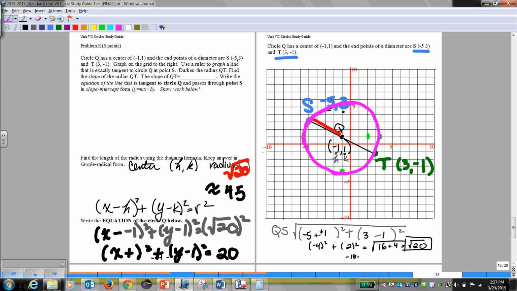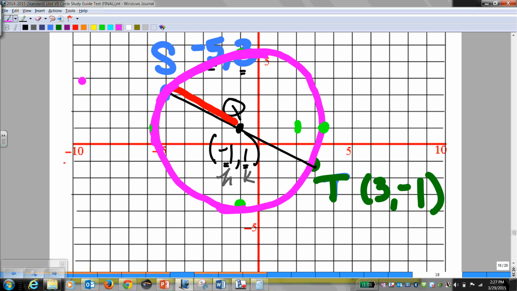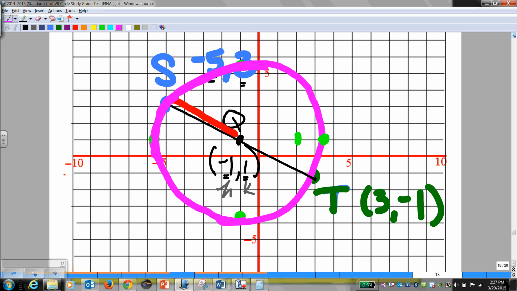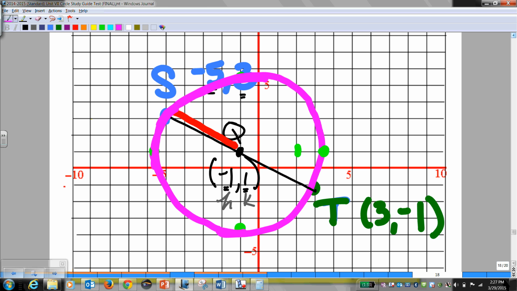Go ahead and swing that around. So let's take a closer look at what you have here. Right now we have S and T as the diameter, Q is the middle.